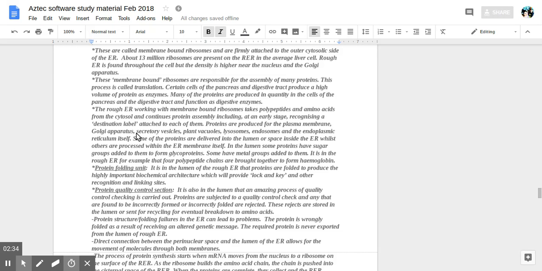which secrete the proteins onto the exterior of the cell. Other destinations include plant vacuoles for storage, lysosomes, and endosomes. Lysosomes are for breakdown of various particles, and some proteins stay within the ER.